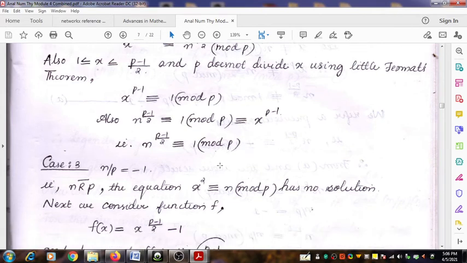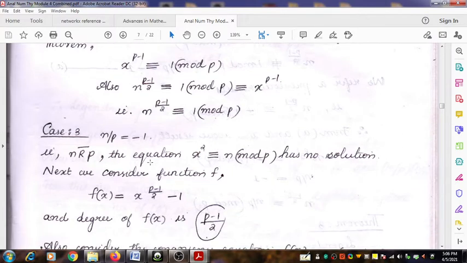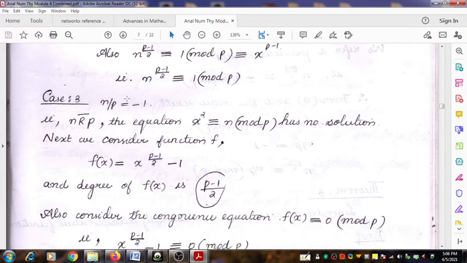Then we can now begin the discussion on case 3. Coming to case 3, we can assume that the Legendre symbol (n bar p) is equal to minus 1. The bracket is missing: (n bar p) equal to minus 1.